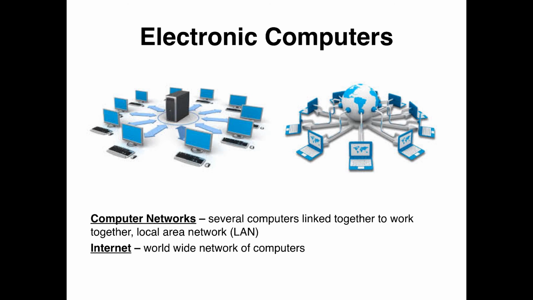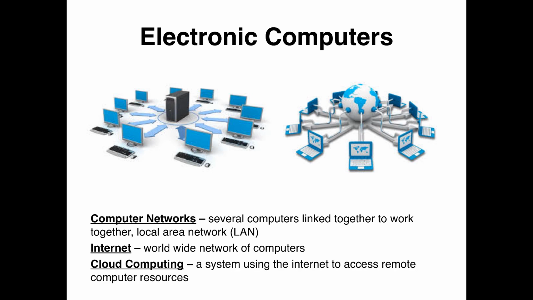So when you plug into the internet, basically you're plugging into a network of computers all over the world. Cloud computing is a situation where the internet is accessing remote computers, and it's called the cloud because it's transferred digitally across satellites and so forth.